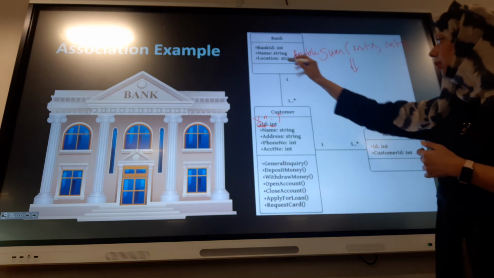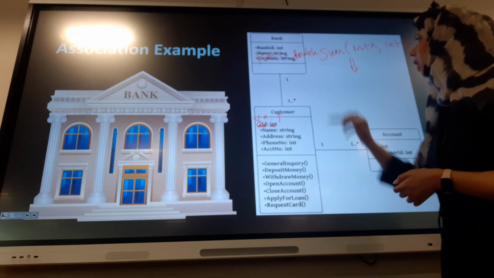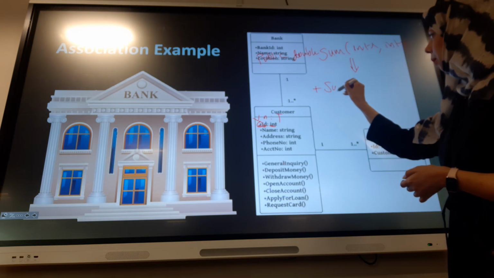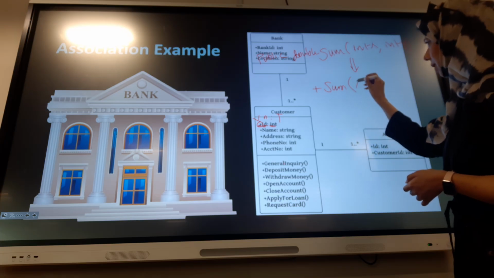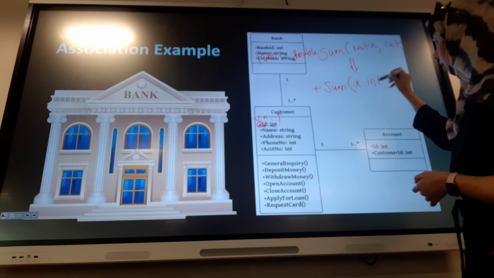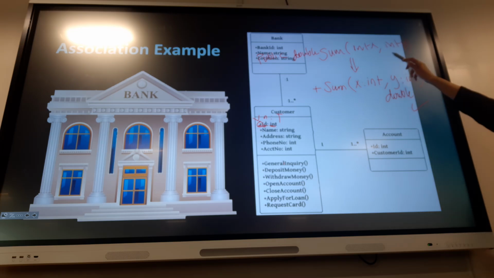Okay, that's public, so we start with plus, then sum, then int x and y: x, colon, int, comma, y, colon, int, close, colon, double. That's a method header.